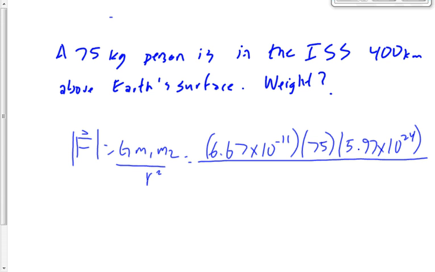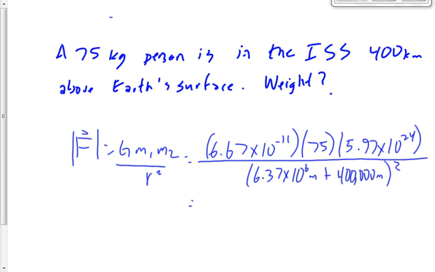You're going to see a whole bunch of things, including the average radius of the Earth, which is about halfway down. 6.37 times 10 to the 6 meters. We're going to use that number, 6.37 times 10 to the 6 meters, plus 400,000. And we can't forget to square that because it's G m1 m2 over r squared.